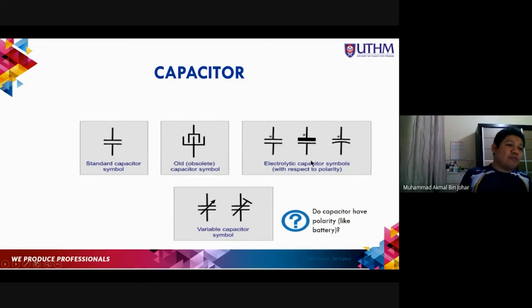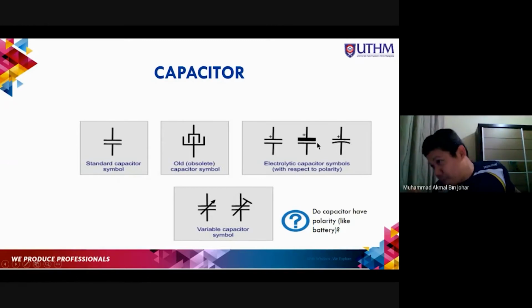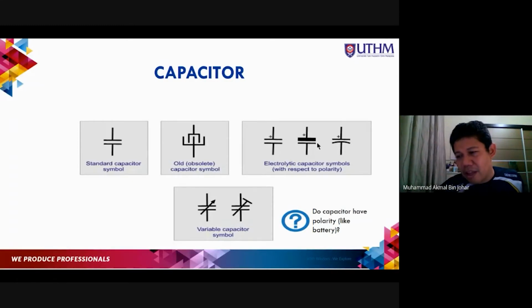And then we also have the electrolytic capacitor symbol like this, with respect to the polarity. Some capacitors have polarity and some don't, so you need to check on it. Okay, if it's a tantalum capacitor, it has no polarity, so it doesn't state which is positive or negative.